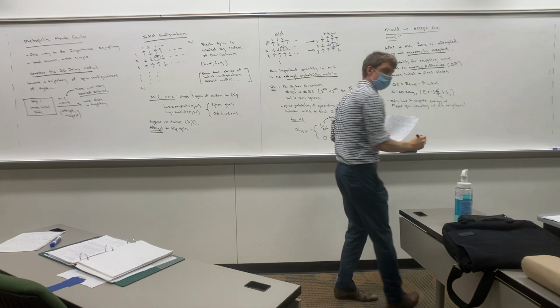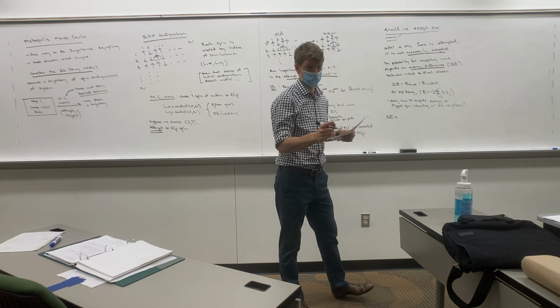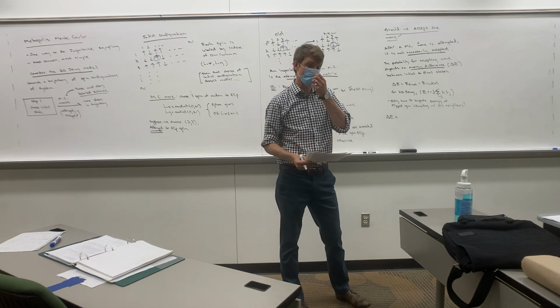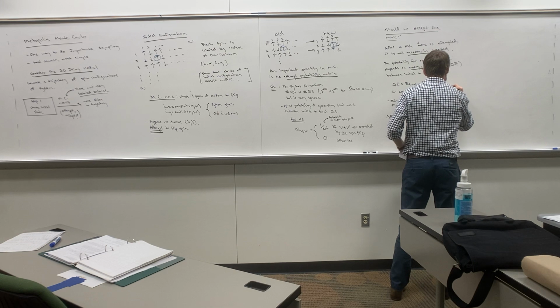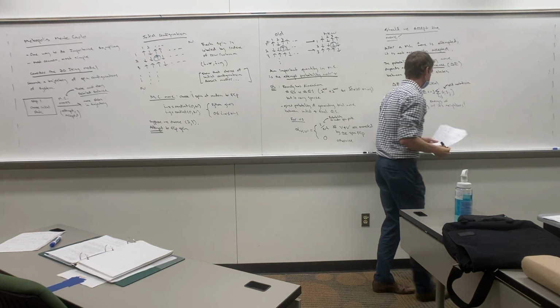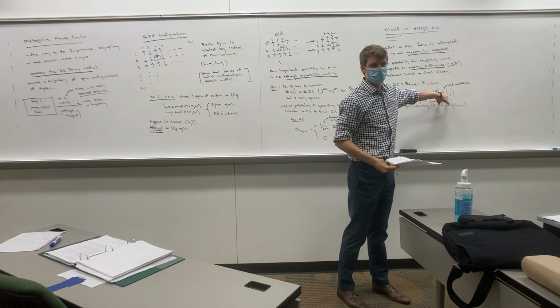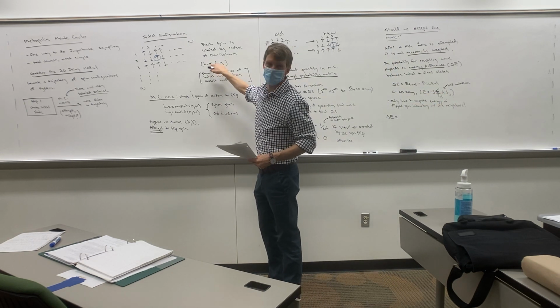So do our S_i and S_j, do those each have 2 indices? Yeah, right. Because I switched notation. This was my old notation. Sorry. And the reason I switched notation is because it's much easier to write this down when we're going through it on paper. But when you're doing a computer code, it's much easier to label it by 2 indices.